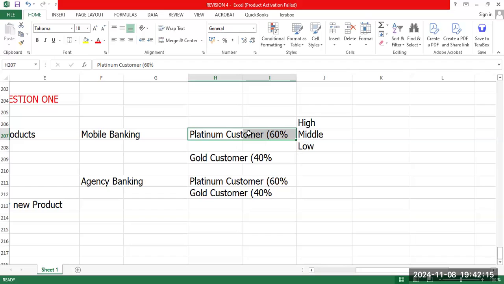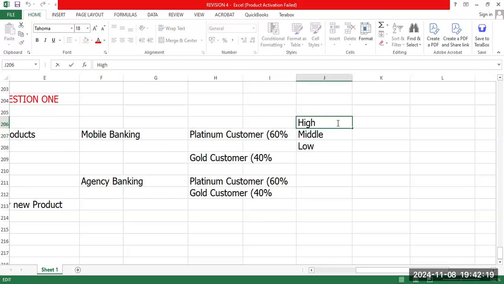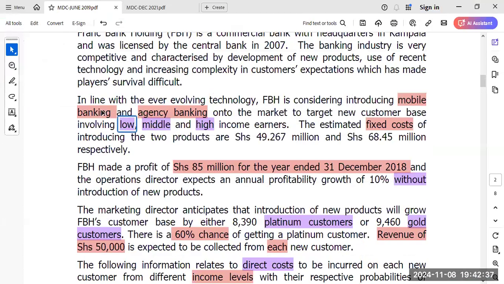How high, middle, low. Based on the question, what is the percentage for high? High income levels. We are given the probability somewhere.